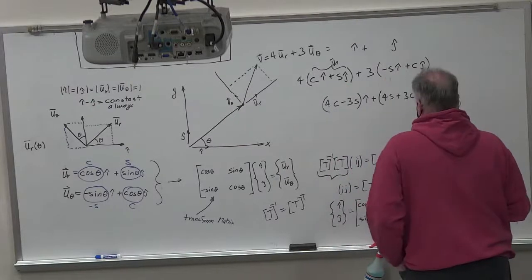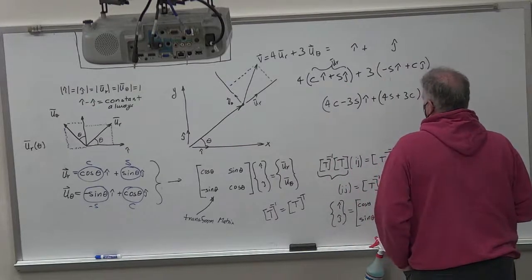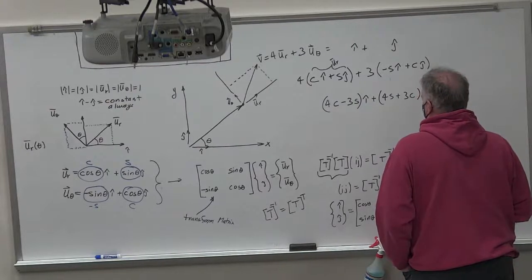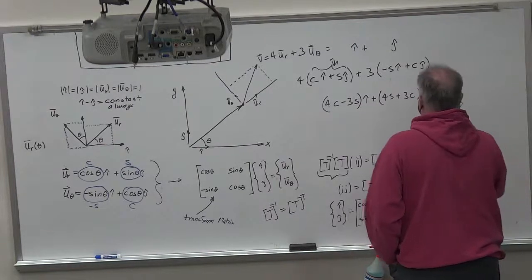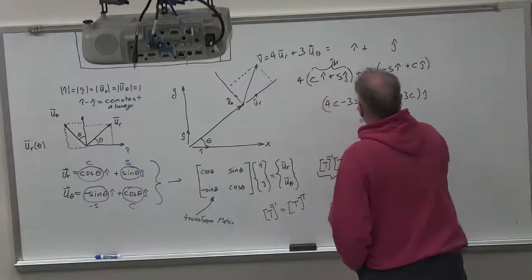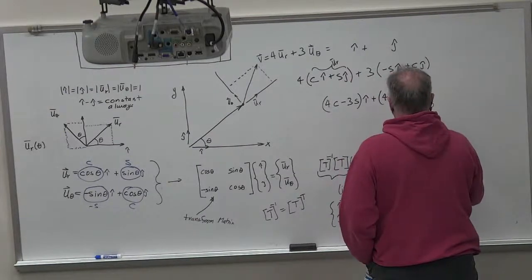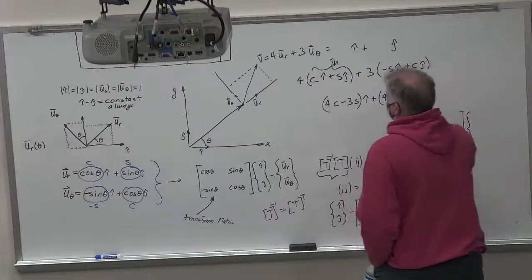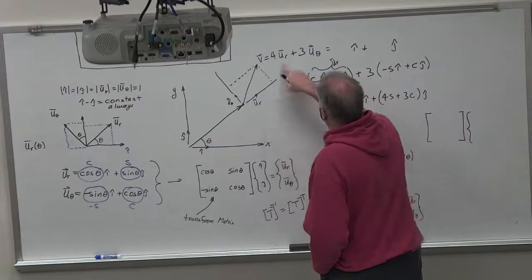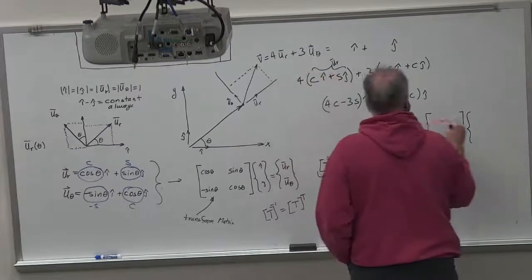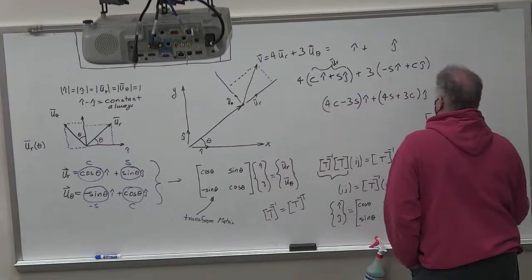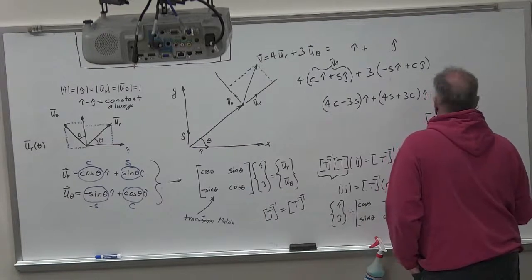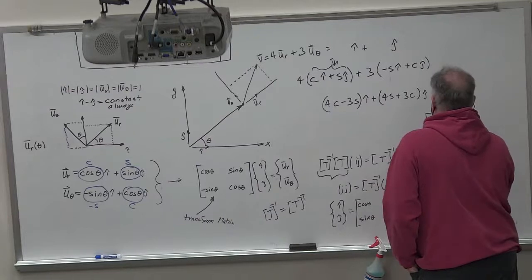Now, what's interesting here is if you stare at this long enough, you'll realize, wait a minute, if I just multiply, I put in a matrix, and instead of putting the UR or the i's in there, I put the components in here, 4 and 3. And then here is cosine, cosine. Here's a minus sign, here's a sine.